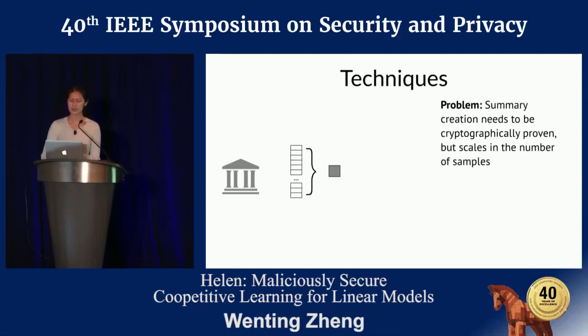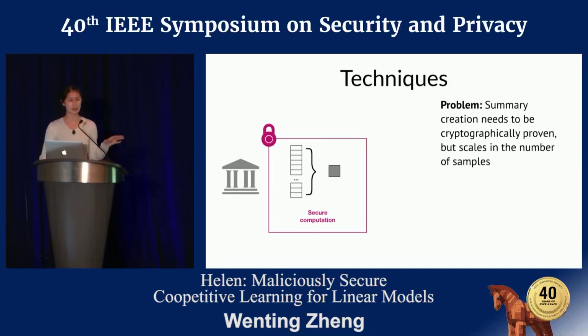Then we need to make sure that the summary creation is also proven correctly, that the parties prove that it has been computed correctly. Unfortunately, if we were to put the entire summary calculation inside these cryptographic proofs, then it becomes pretty heavyweight, because the proof now has to take in the entire large training data set as the input, and that will scale in the number of samples per party, which could be very, very large, like in the millions.